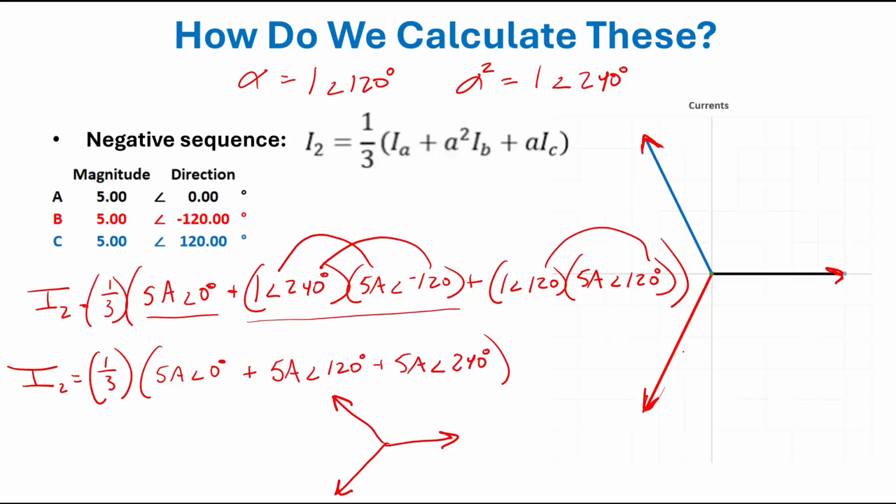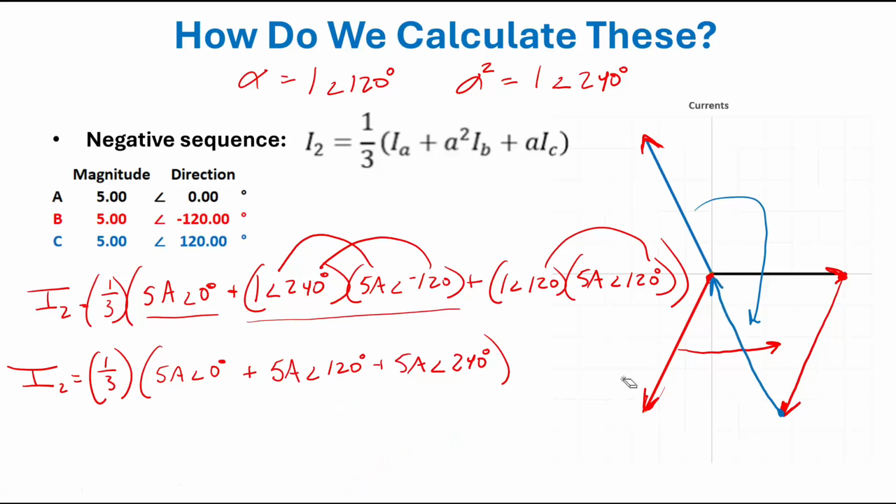If I were to take this red phasor and just transpose it right over here, so the start is no longer on the origin, it's still the exact same thing. And then the blue one, let me change my color to blue, and I move blue down here. So its starting position is right here. You can see that you get back to the 0. So that's what it means by adding them instead of multiplying them. Okay, so hopefully that's a little clearer.